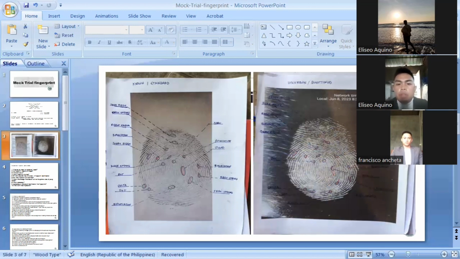Bifurcation is a single ridge which is split into two ridges going side by side or parallel to each other, while ridge ending is a termination of the ridge, and delta is a point on the ridge formation at or directly in front. Core is a point on a ridge formation located at the center or heart of a pattern.